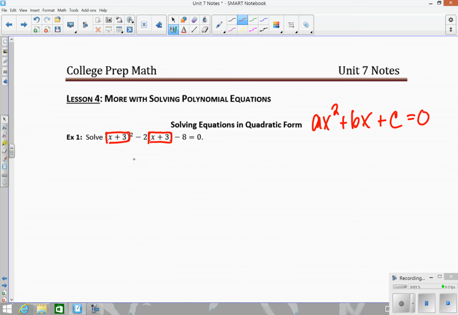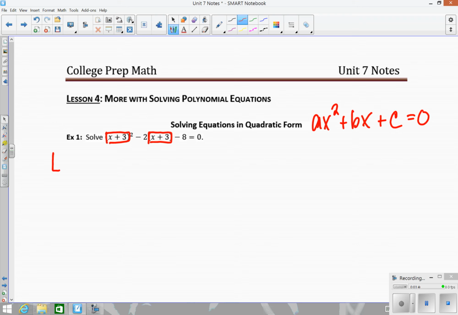So to make this a little bit shorter and easier to solve, instead of foiling everything out or using the box to multiply x plus 3 times x plus 3 and then distribute and then go from there to solve, since this is in quadratic form, we can just let this piece that's not equal to a single variable equal a variable.